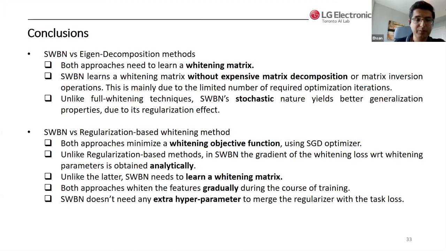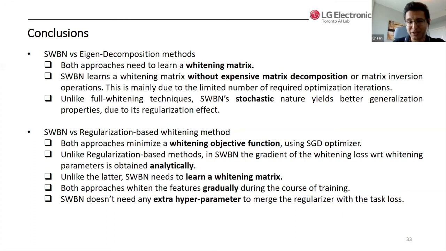And when we're comparing SWBN with previous regularization-based whitening methods, we can see that both approaches minimize a whitening objective function using an SGD optimizer. However, in our method, we're extracting those gradients analytically and using them in our SGD. And unlike these regularization-based methods, SWBN needs to learn a whitening matrix.